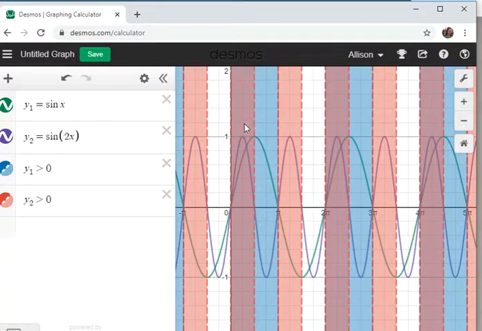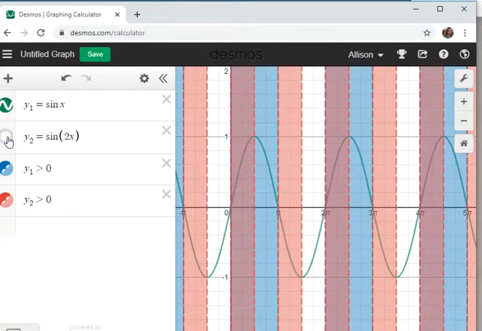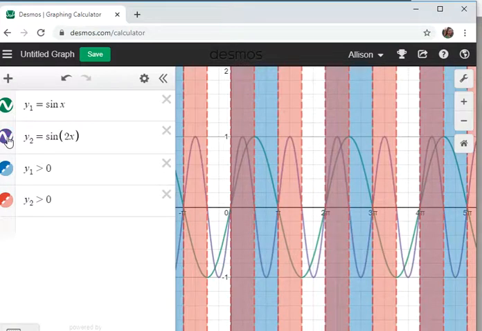And so if I turn off that second shape for a second, they're both positive for the first half of the positive of the original function. So both greater than 0 for the first half of where y1 is greater than 0.